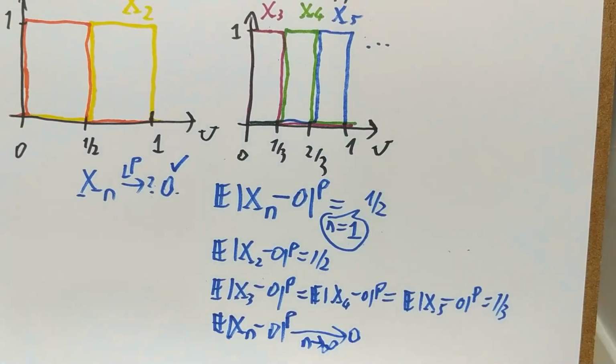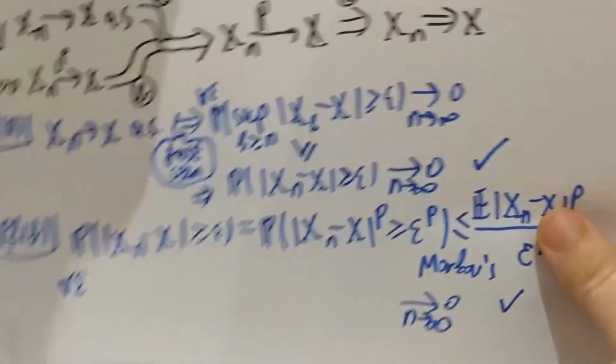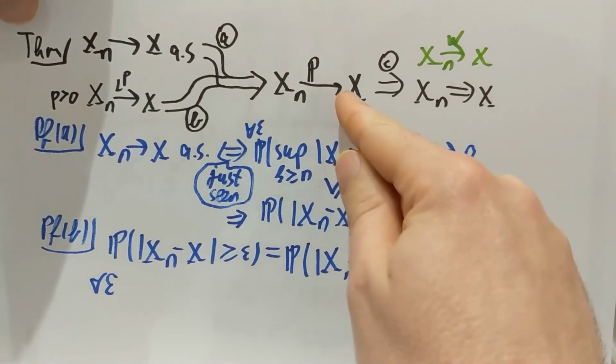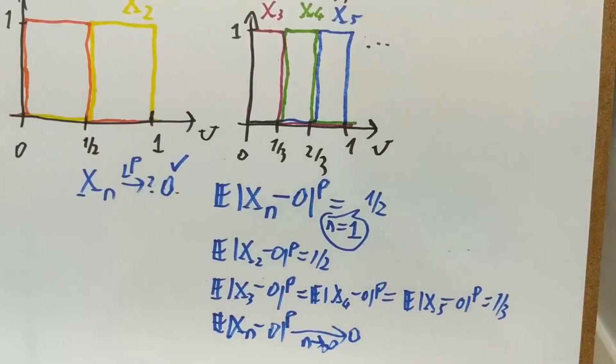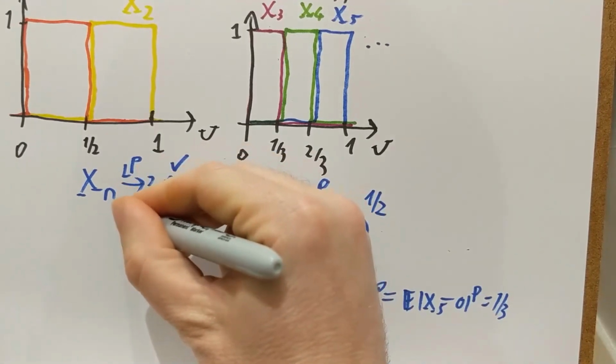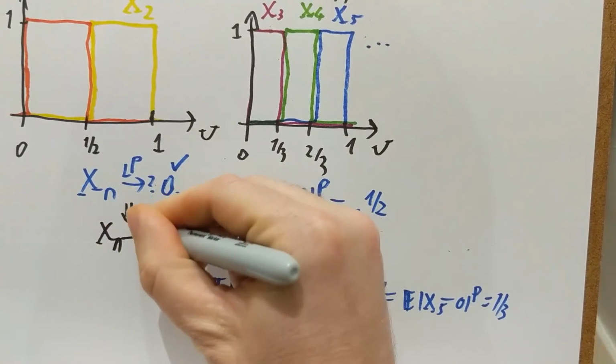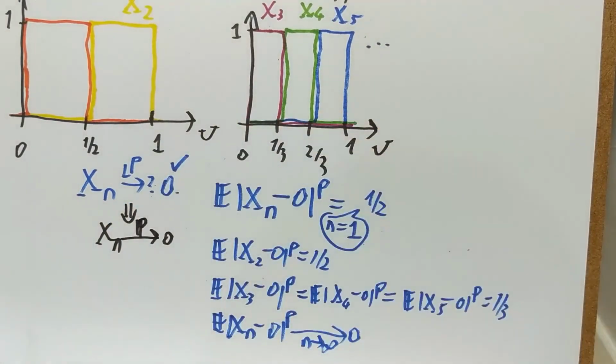So this sequence of random variables converges in Lp to 0. If they converge in Lp to 0, then they also converge in probability to 0 and weakly to 0. So Xn converges to 0 in probability. Homework: check this directly from the definition of convergence in probability.